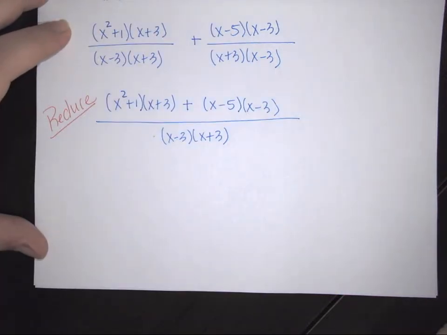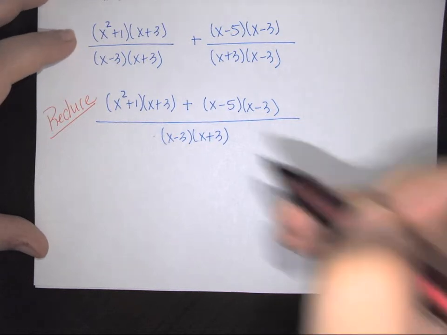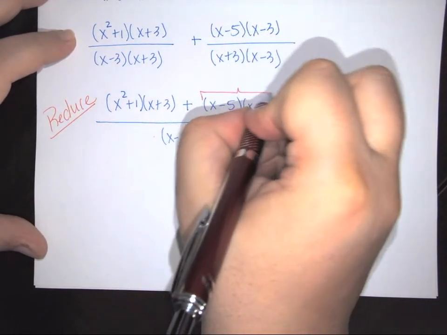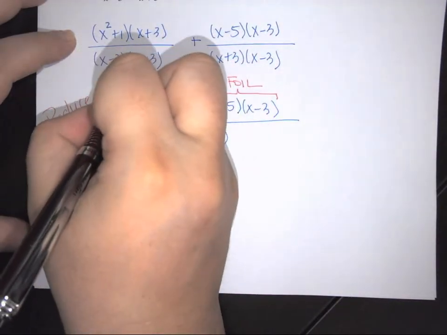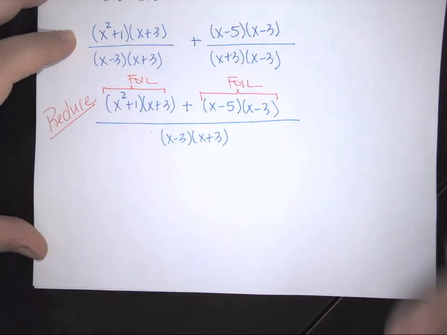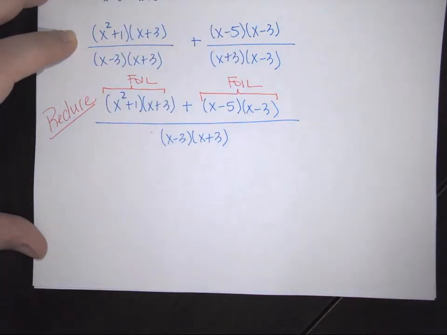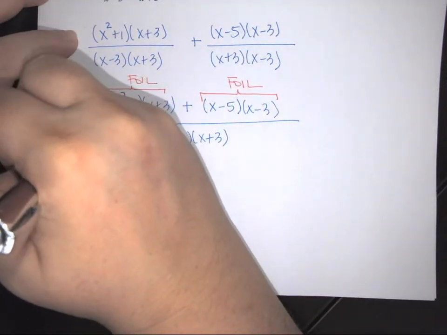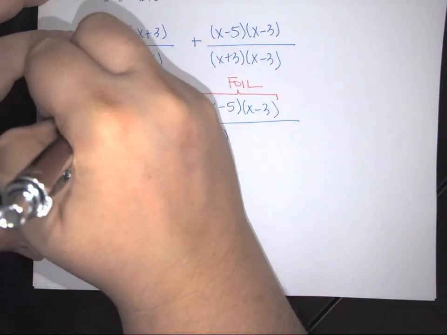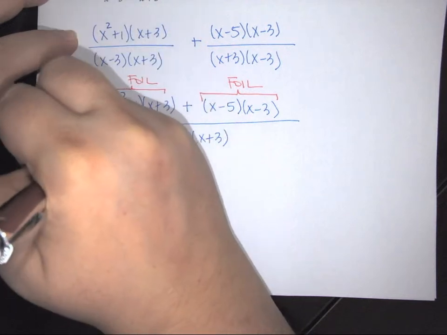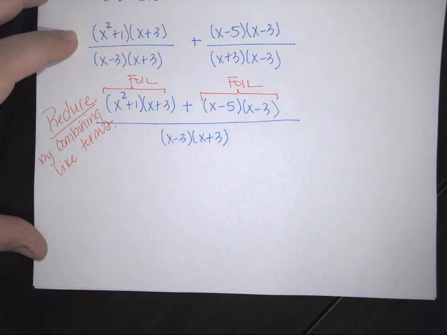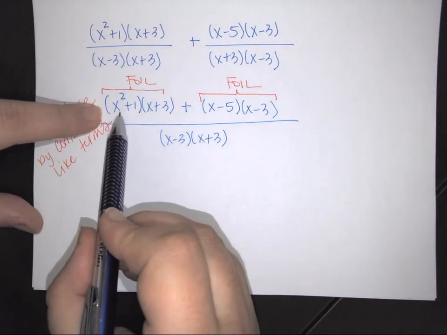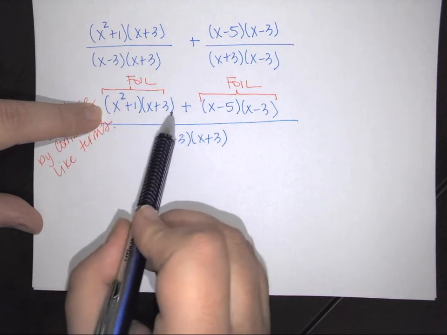And so here, what that actually means is that first I have to FOIL these two together. I then have to FOIL my other two together, and then once I've done that, I have to combine like terms. So in this case, I'm reducing by combining my like terms. If I look at this first one, remember FOIL says first, outer, inner, last.